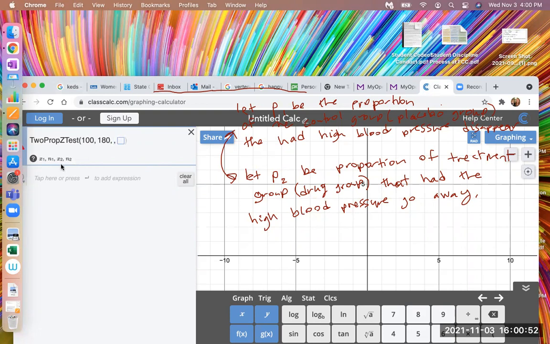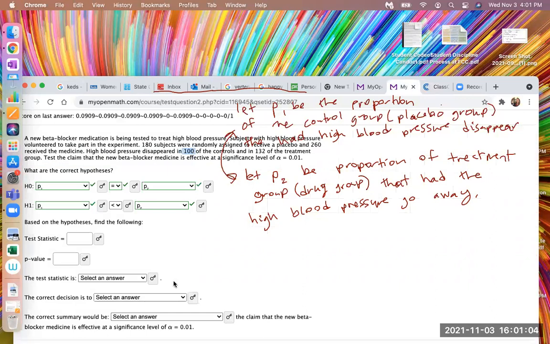Now I'm going to do X2, the number of people with high blood pressure going away in the treatment group, over the number sampled in your treatment group. So that's going to be the 132 over the 260.